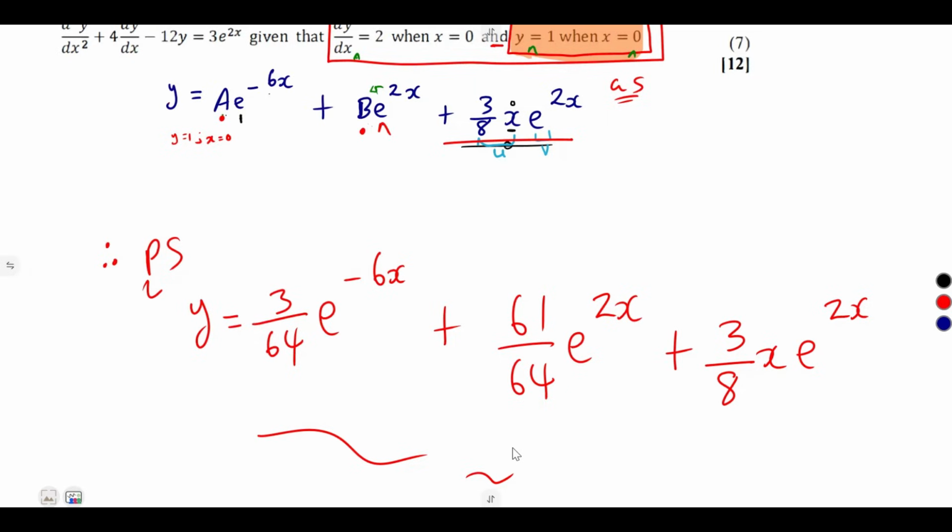So for the questions there, you just need to focus on the steps. Which steps are you supposed to consider as you are to have the particular solution at the end?